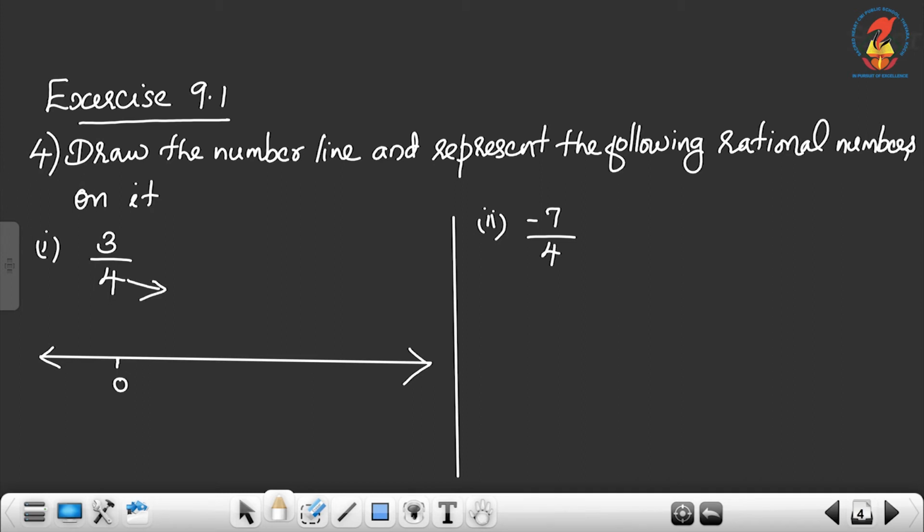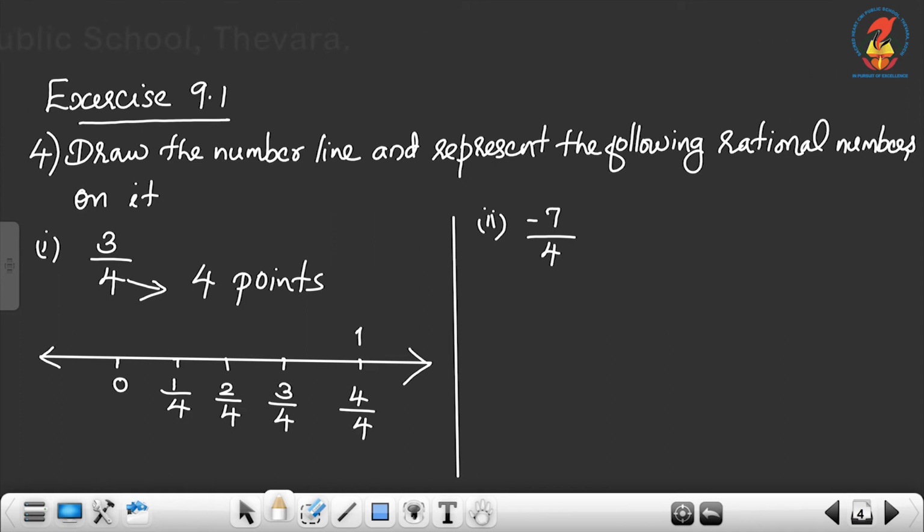So, look at the denominator. Denominator is 4. So, how many points do you have to mark? 4 points. Okay. So, you have to mark 4 points at equal distances. 1, 2, 3, 4. So, the first point will represent 1 by 4, then 2 by 4, 3 by 4 and 4 by 4.